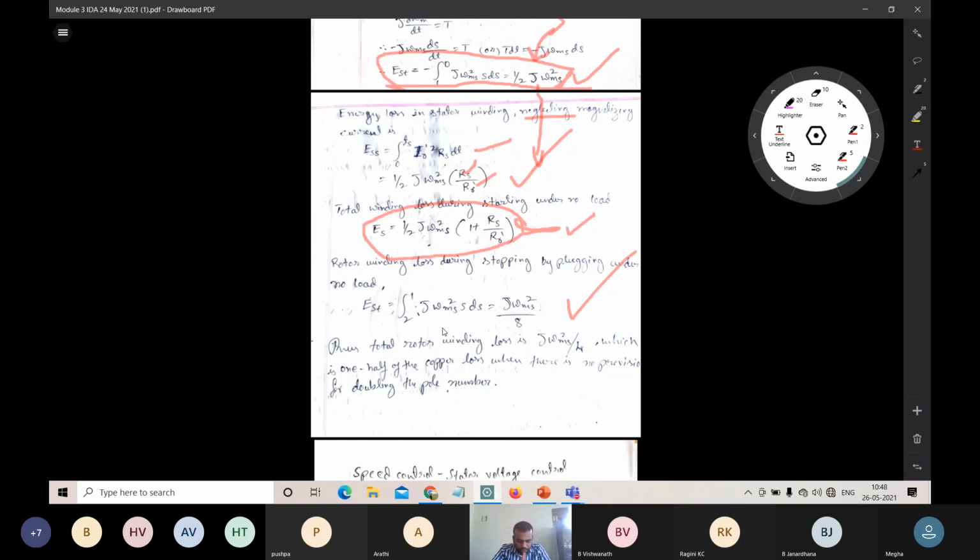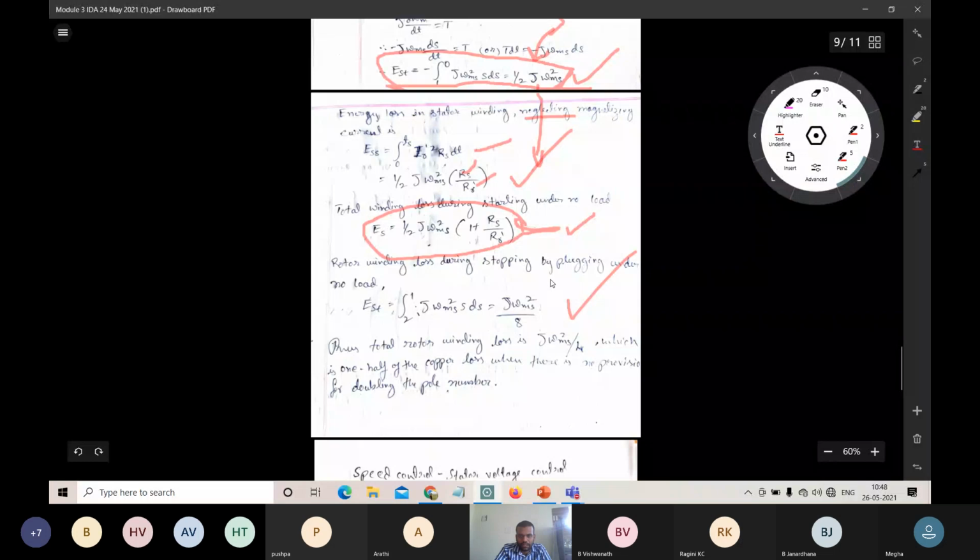I think I missed one more equation there. Similarly, for stopping we need to consider one more equation. So this is about starting, and this is the rotor winding at the time of stopping. Similarly, the rotor winding for starting will be given by 3 by 2 J omega ms square. I mixed up one equation here, I will make this clearer.